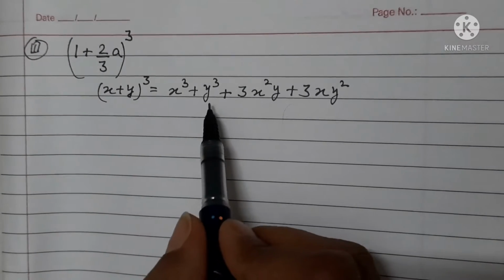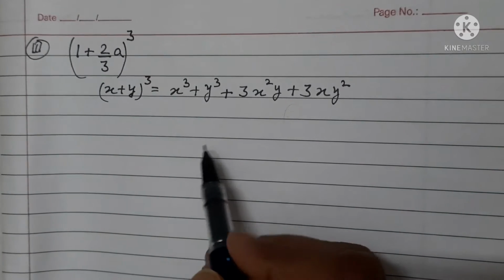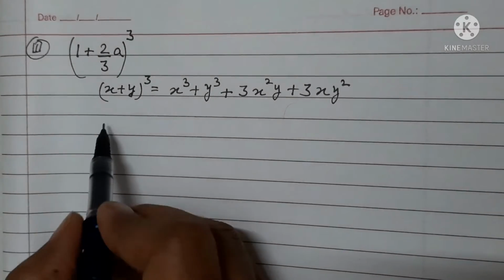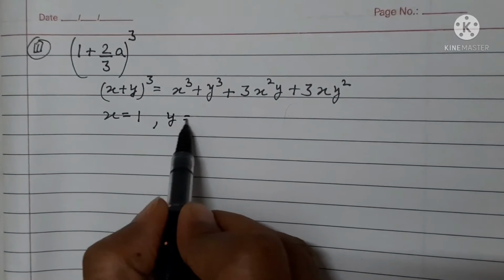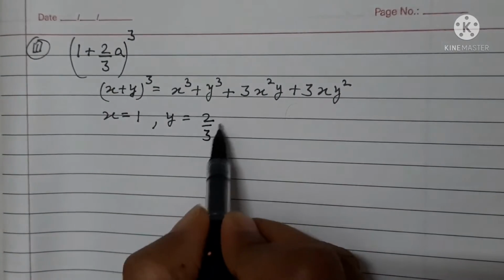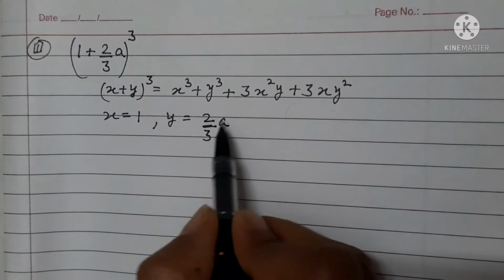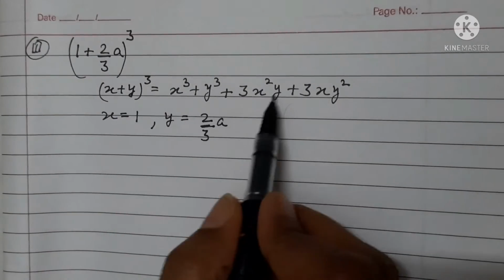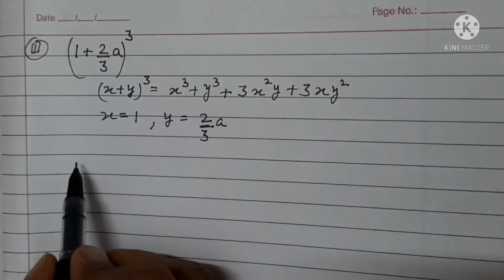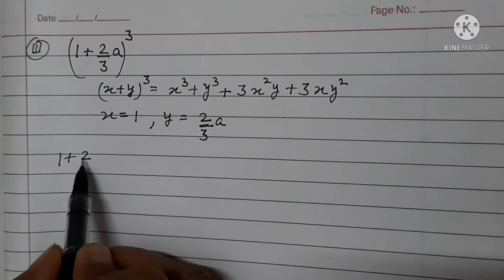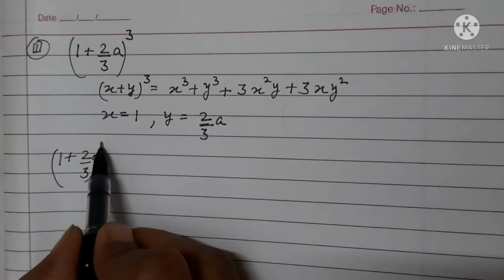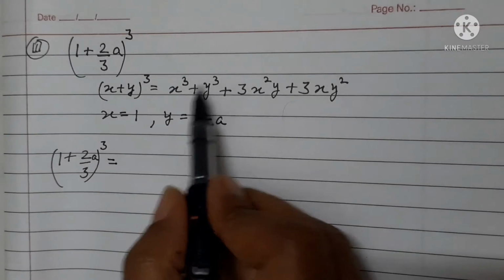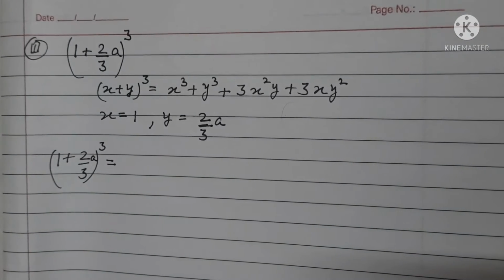So you should know how to use both formulas. So putting x = 1 and y = 2/(3a). Now solve by putting the values. So (1 + 2/(3a))³ is equal to, substitute the values and get the answer.